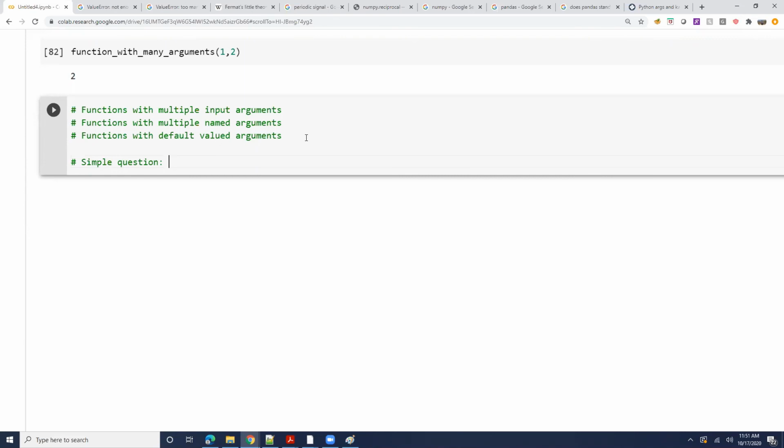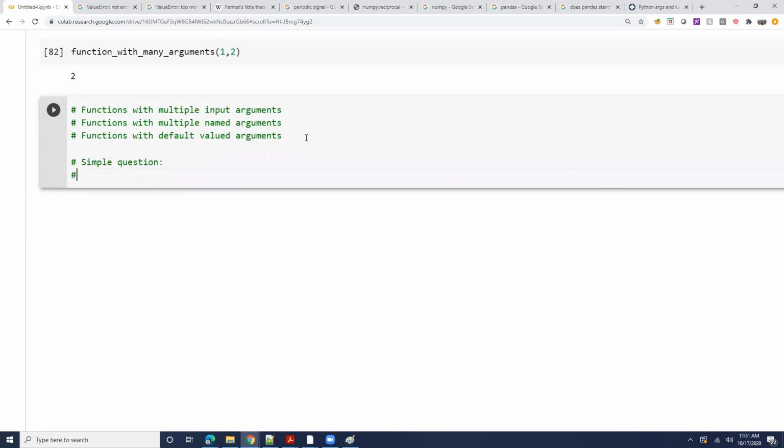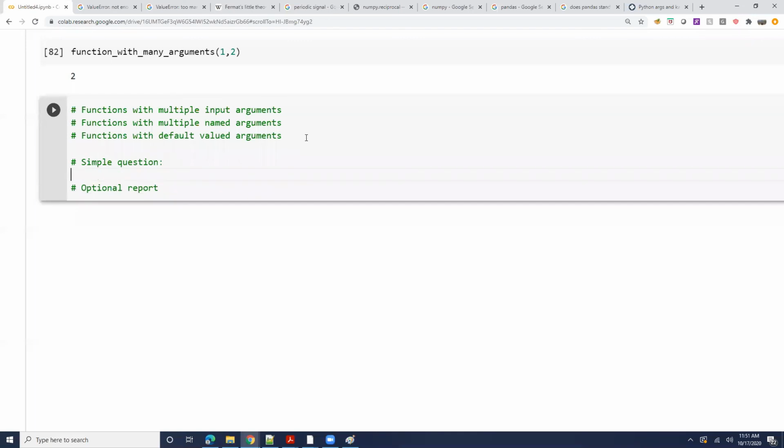Oh, yeah, okay, fine. Optional report. So a simple question about a function which returns multiple values. Okay, yeah, easy question. Make a function that adds and subtracts two numbers. Wow.